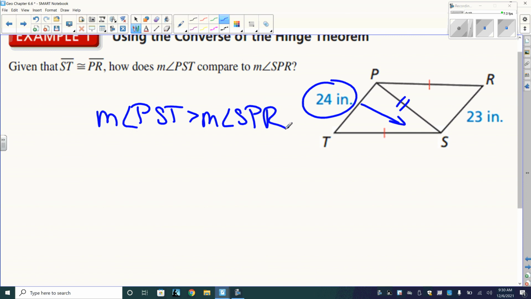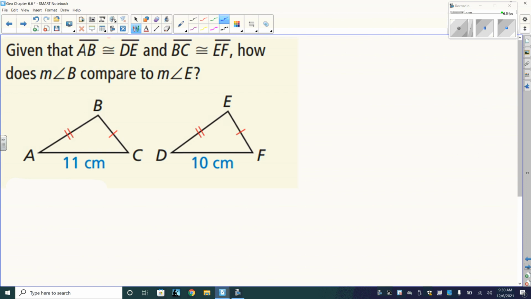That's it. Testing which angle is bigger. We're given these two triangles here.